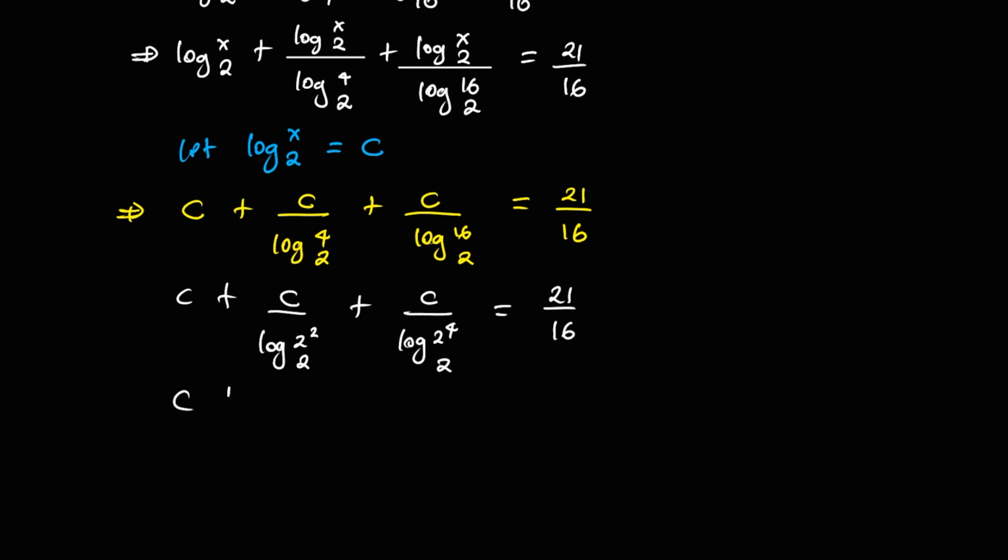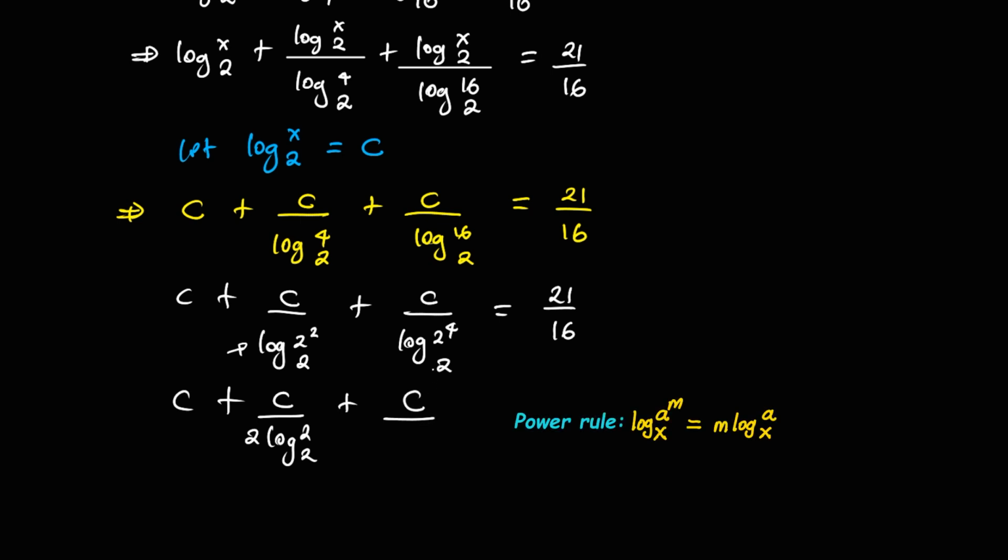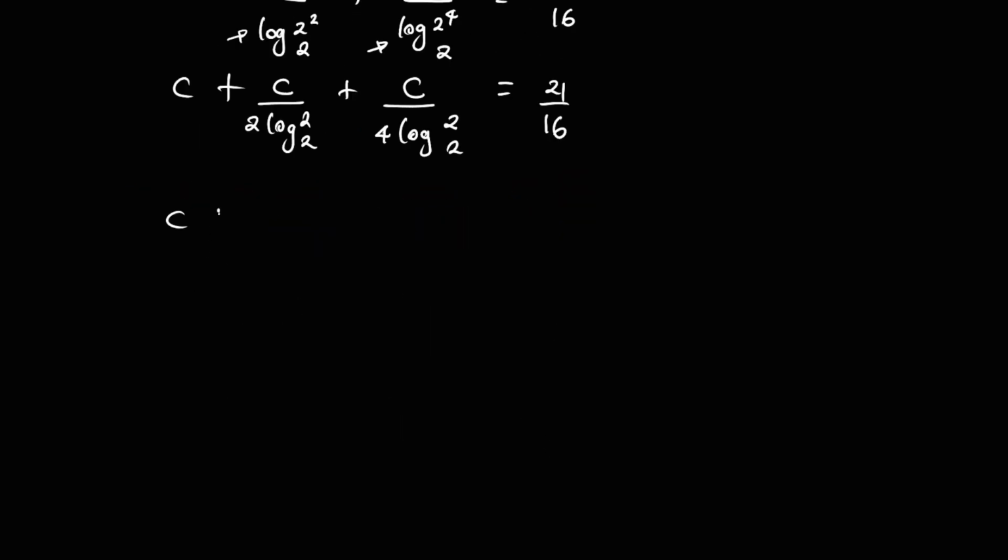And we will have c plus c divided by, from the power rule, 2 will become a coefficient of this logarithm, so we will have 2 log of 2 to base 2, plus c divided by, still from the power rule, 4 will become a coefficient of this logarithm, 4 log of 2 base 2, and this should equal 21 over 16. And we will remain with c plus c divided by 2.